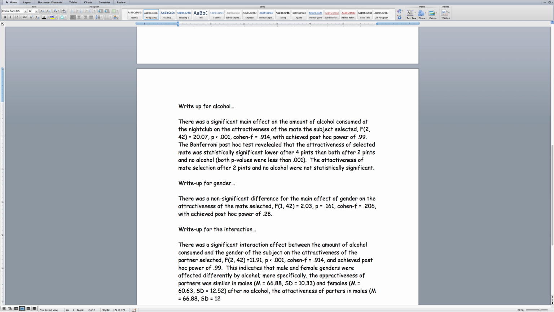Standard deviation 12.52. And we saw females with 62.50. Standard deviation 6.55. So after no alcohol, the attractiveness of partners of males and females was also similar.